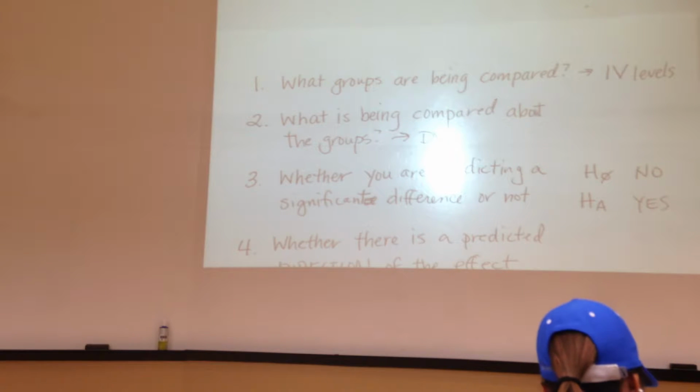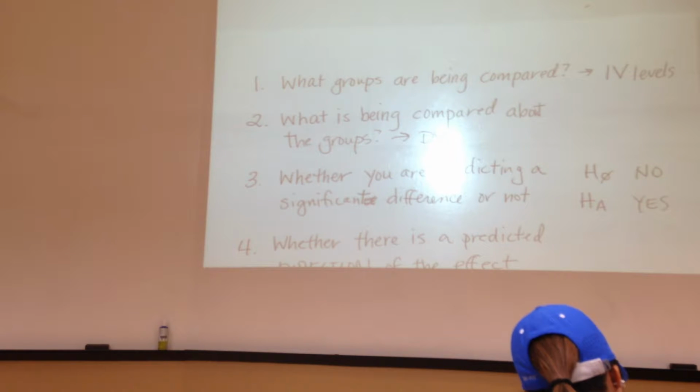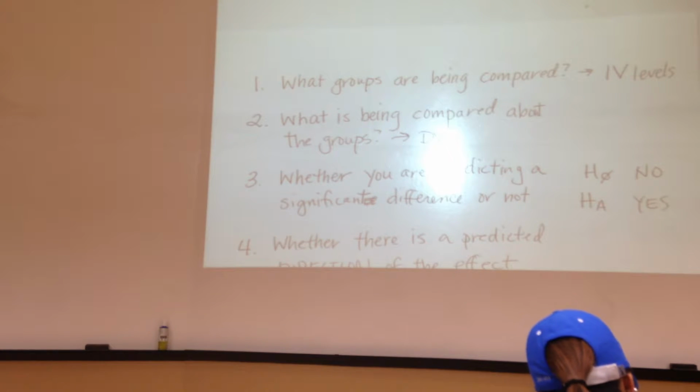I don't know which group is going to be higher, but I think one of them is going to be. I don't know which group is going to be lower, but I know one of them's going to be. That kind of more general prediction does not have a direction. Or it's bidirectional, because you're saying it could go this way, could go this way. I don't know. That more general statement.